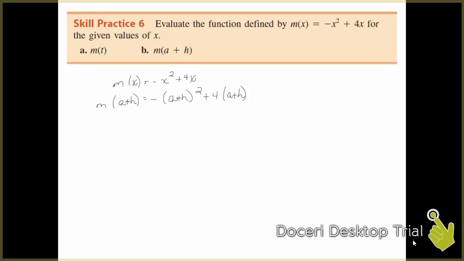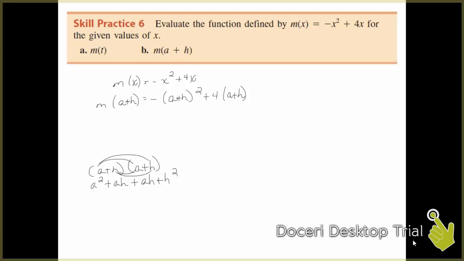So let's go down here at the bottom and see what (a plus h) is going to be when we square it. We just double distribute, and so you're going to have a squared plus ah, then we distribute here, plus another ah, even though it's ha, ha is the same thing, plus h squared.